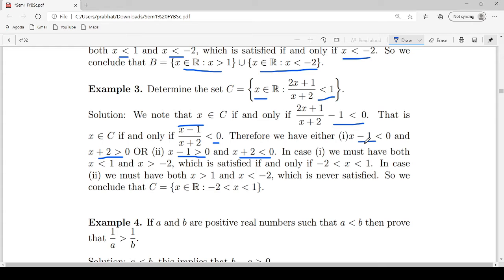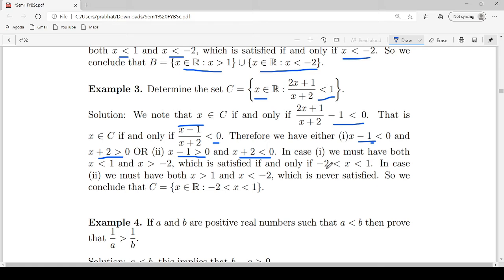Now the first case will imply x is less than 1 and x is greater than minus 2. In the first case, you have x minus 1 less than 0, that will imply x is less than 1, and x plus 2 greater than 0 implies x is greater than minus 2.